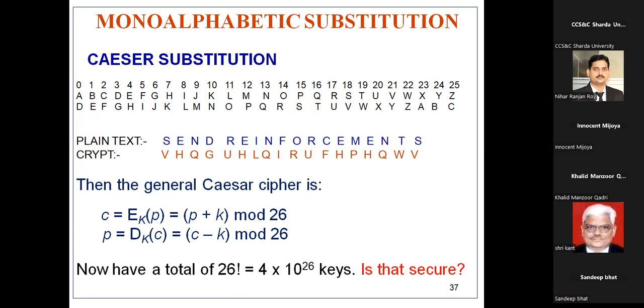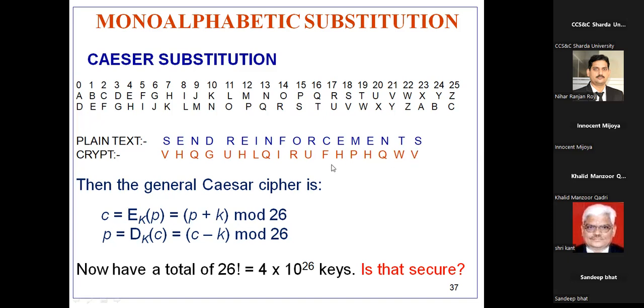Look, if my plain text is "send reinforcement", what will I do? Simply, S, what is S here? S becomes V, E becomes H, N becomes Q, and S becomes V again, right?